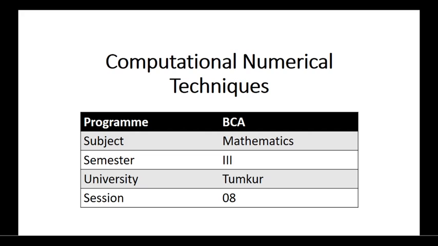Next we discussed the easiest method of finding solution for system of linear equations, that is Cramer's rule. Then we discussed when the system of equations is consistent and when it is inconsistent.